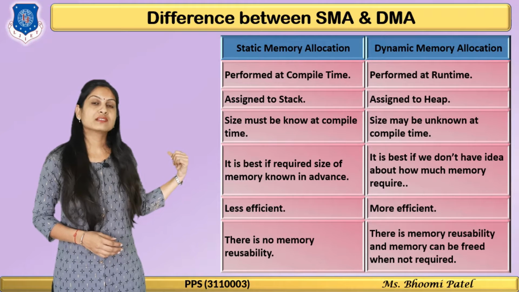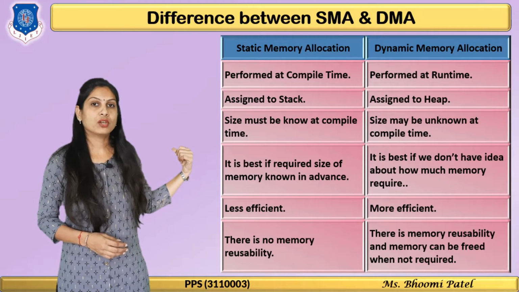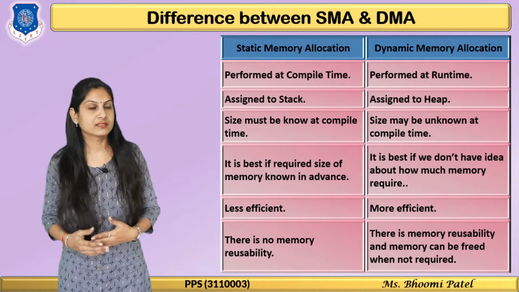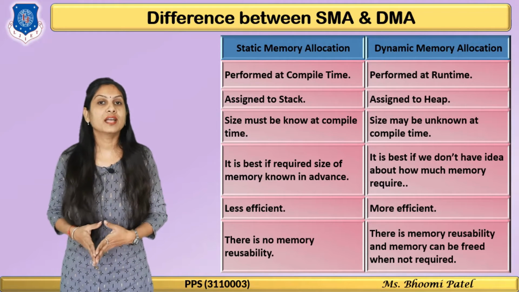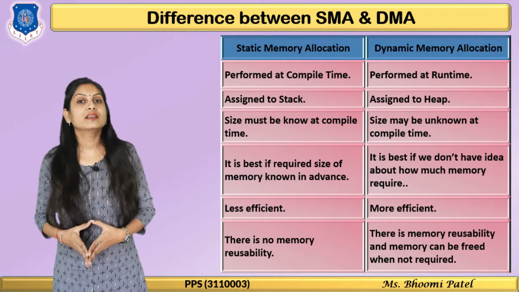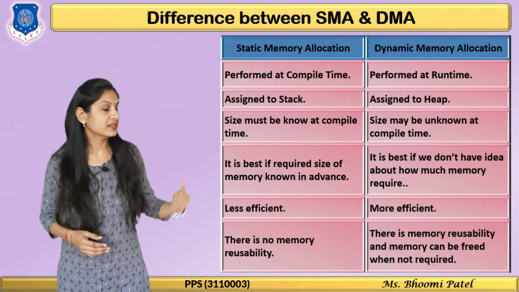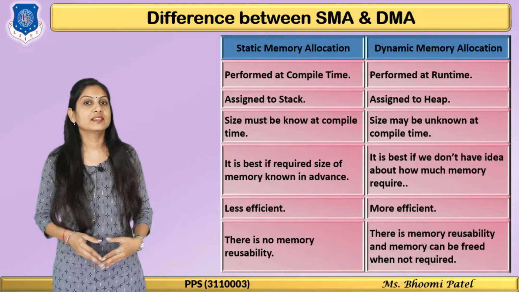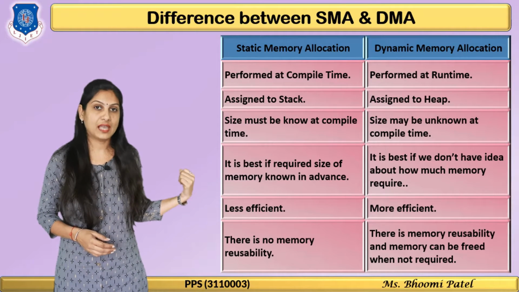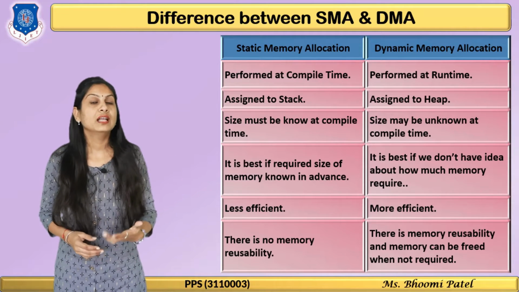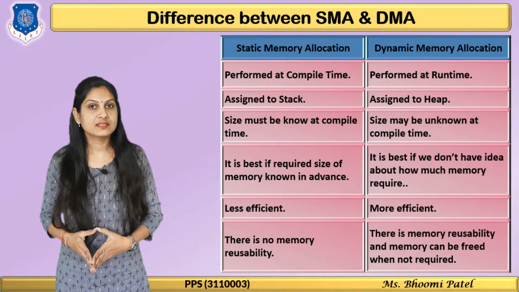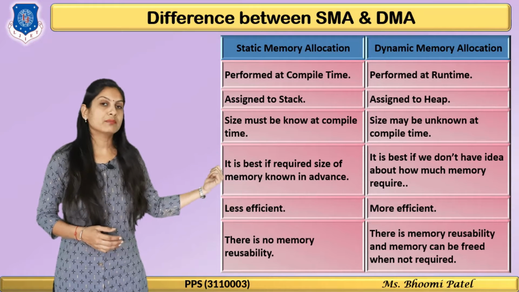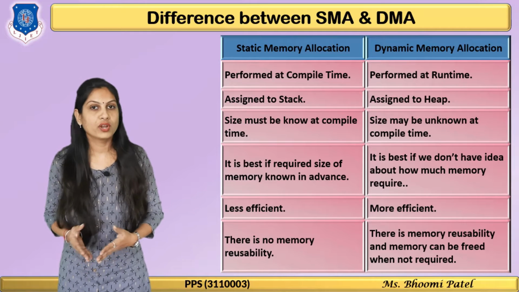So obviously static memory allocation is best when we already know the size in advance, but when we have no idea regarding the memory in advance, then you can use the dynamic concept. Static memory allocation, as I told earlier, is less efficient because in this case we waste memory, but dynamic memory allocation is more efficient.